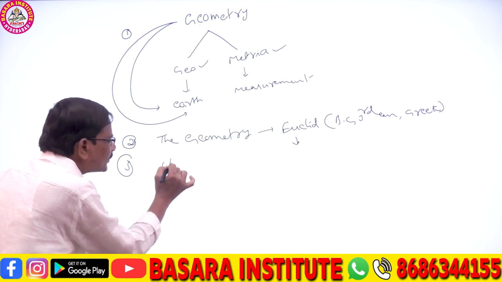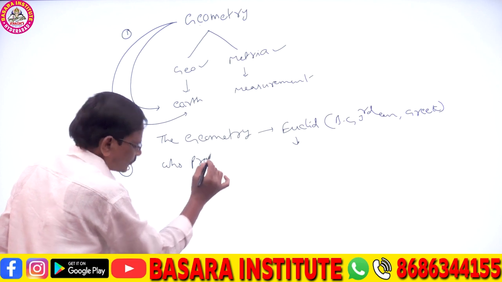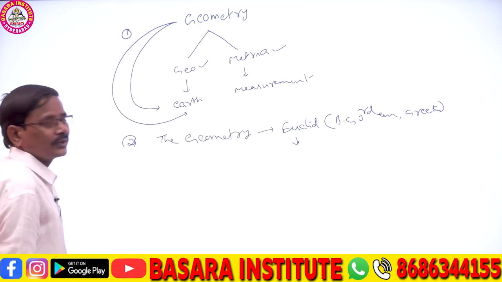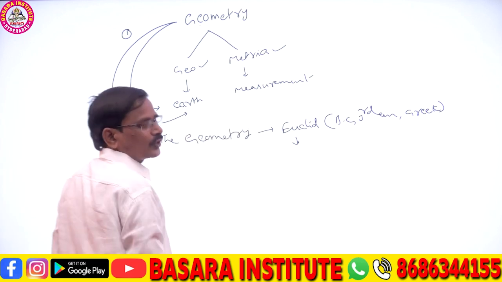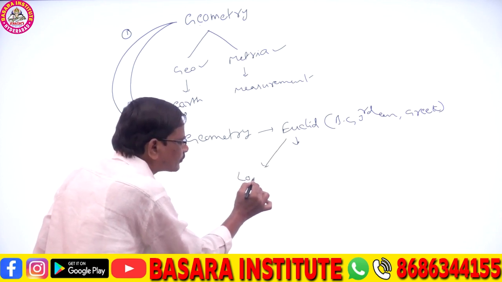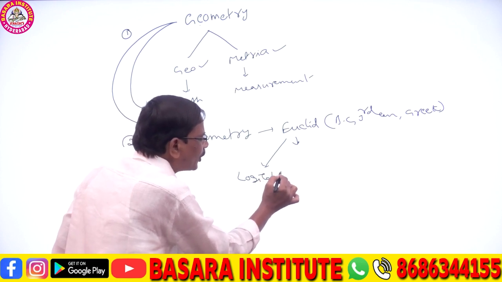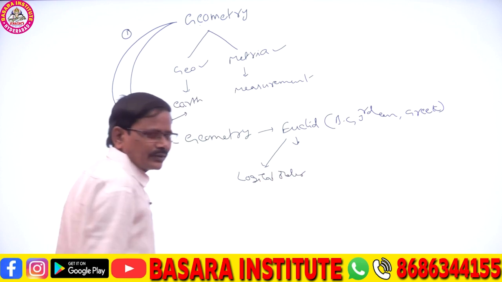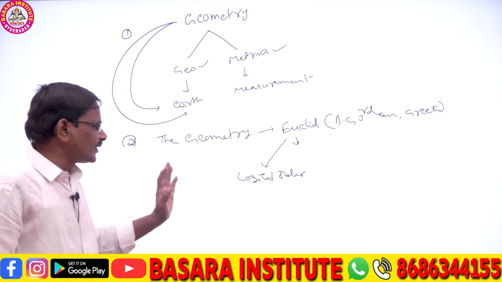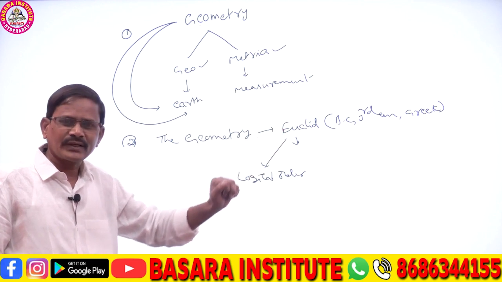Who proposed geometry? The father of geometry, Euclid. He proposed geometry in logical order. So, the very first question is, who proposed geometry in logical order? He is nothing but Euclid.